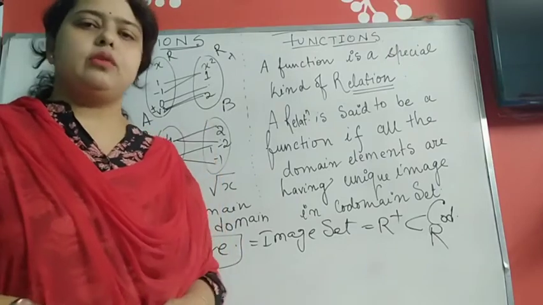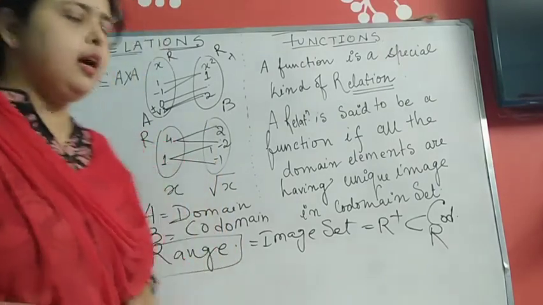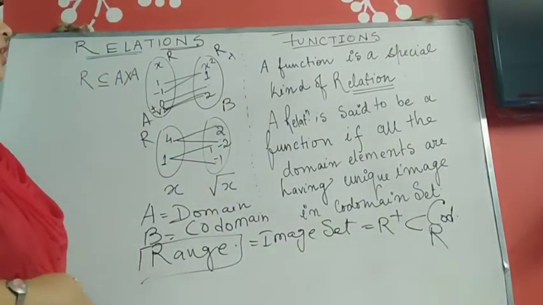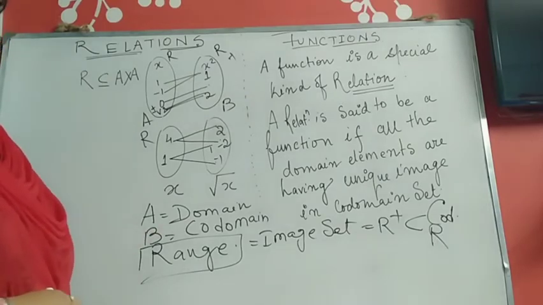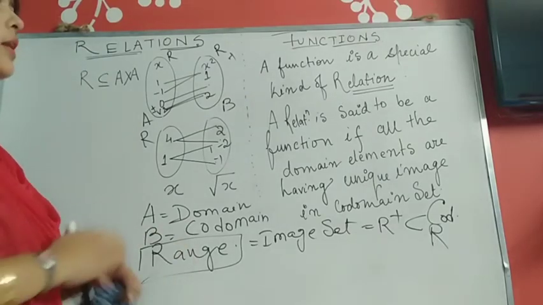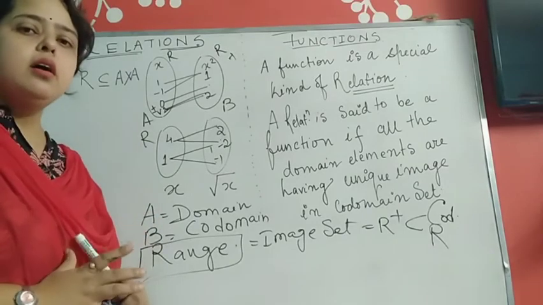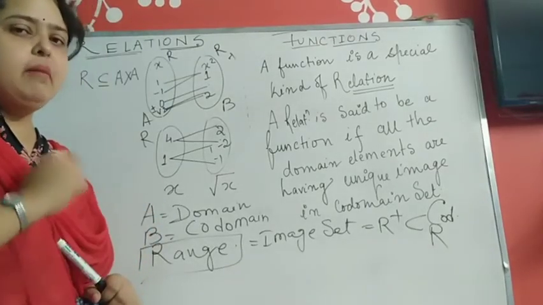So what are those criteria? The first criteria for a function to be a relation is all domain elements. What I said, all domain elements must have a unique image, or image first of all.